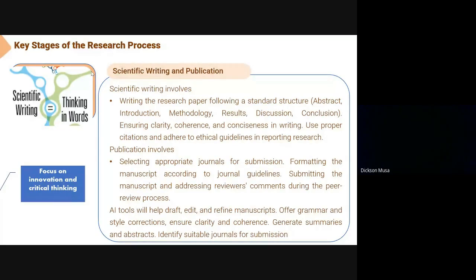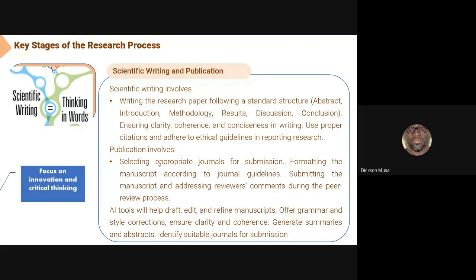And the publication stage involves selecting an appropriate journal for submission, formatting the manuscript according to the journal guidelines, submitting the manuscript, and addressing reviewers' comments during the peer review process. After submitting your manuscript, there will usually be a peer review process, and you'll be sent the reviewers' observations, and you have to respond to them.